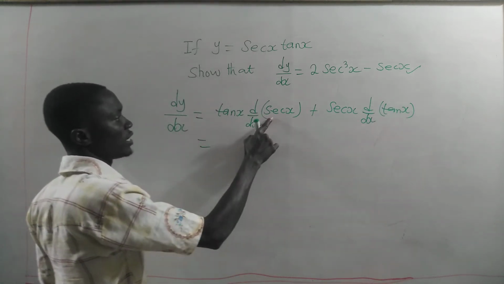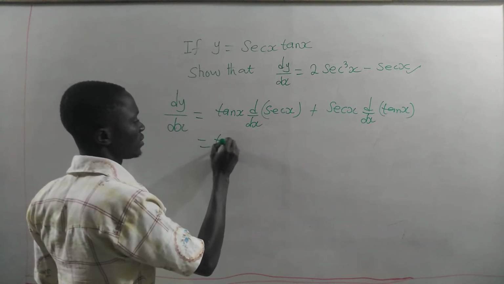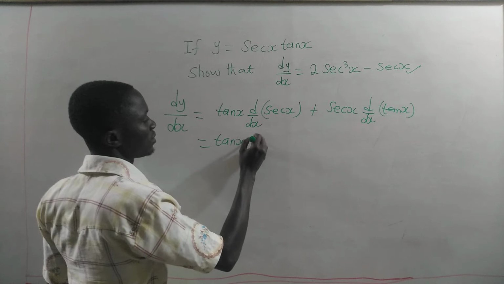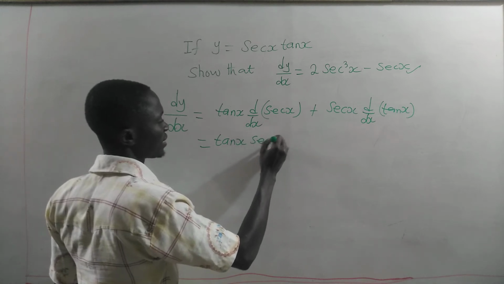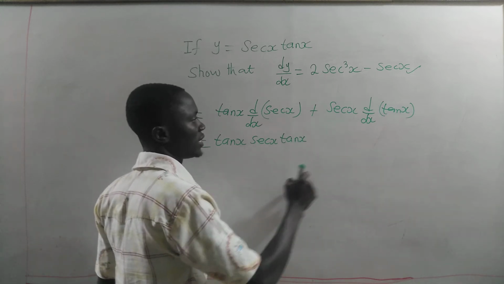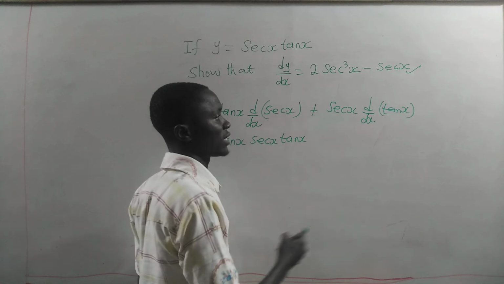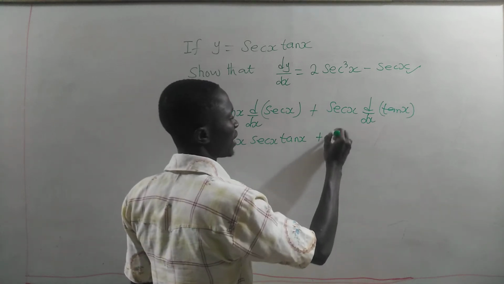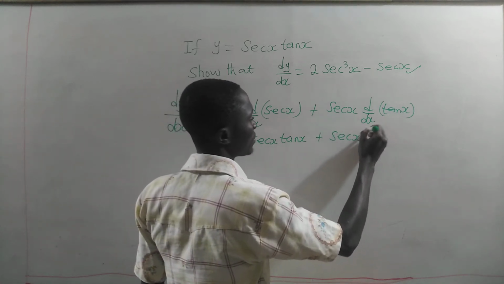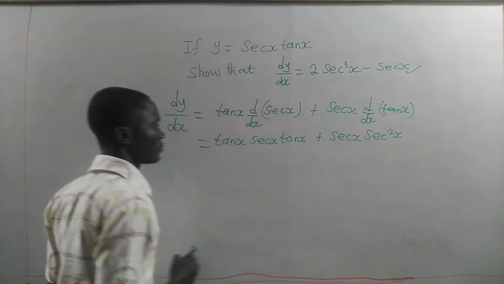So here, if we differentiate secant of x, we are going to get secant of x times tangent of x. And if we differentiate tangent of x, we are going to get secant squared of x. So here we have plus secant of x times secant squared of x.